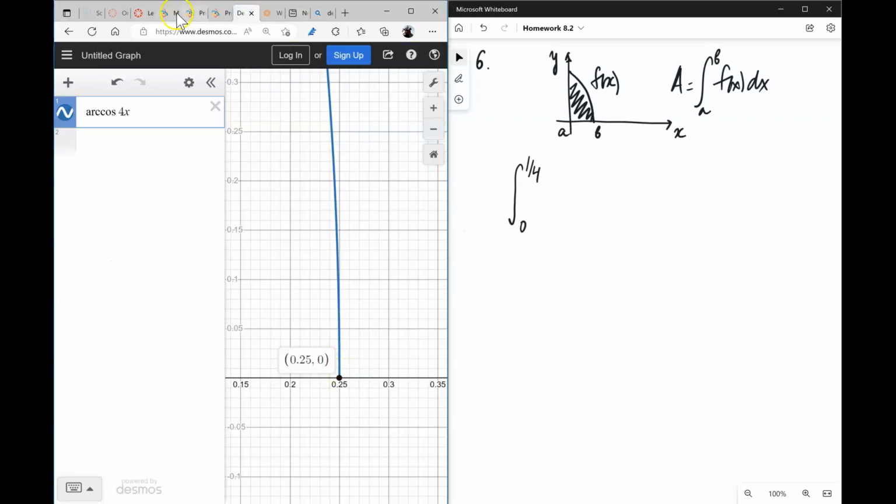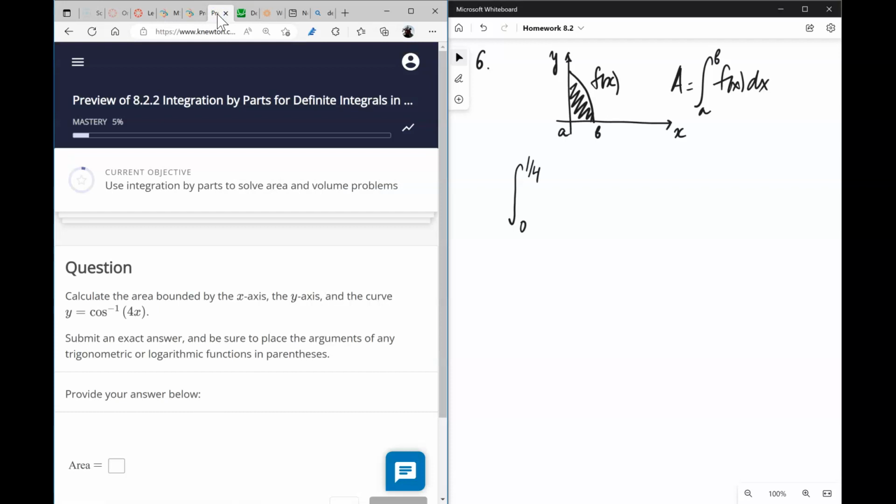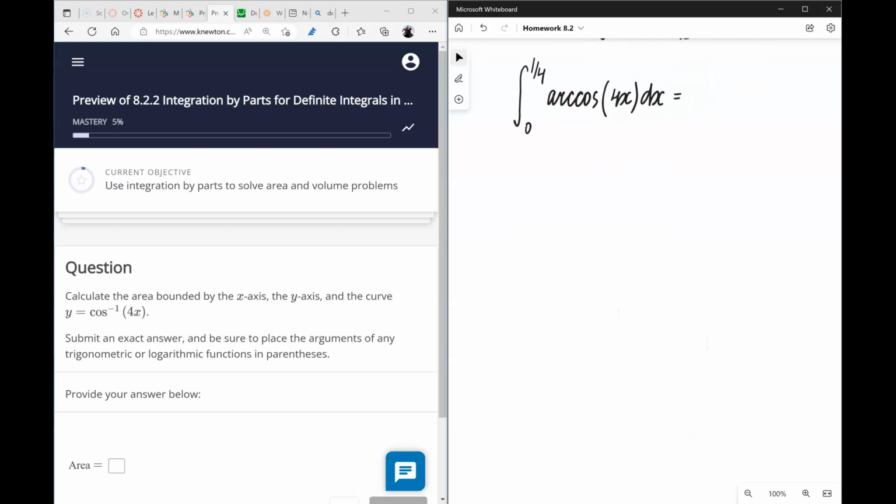So this is 1/4. And we're integrating arc cosine of 4x. Now we can totally forget where this came from, and we can just do this problem. And this problem is done by integration by parts.